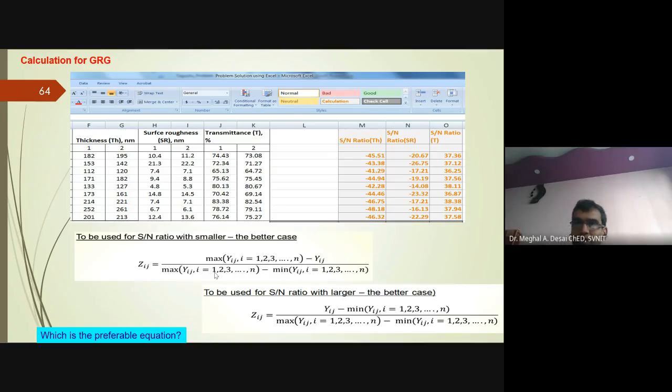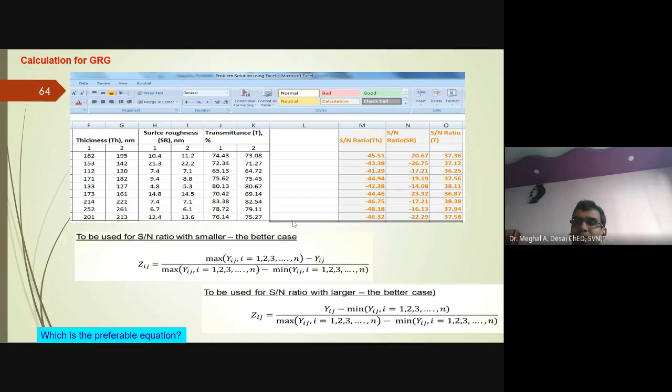Okay, this is one way. The second way of explanation: when your response from thickness is changed to signal to noise ratio, when it was thickness, it was minimization. But when it is signal to noise ratio, it has become maximization. The reason is that for signal to noise ratio, you would always require higher signal, less noise.